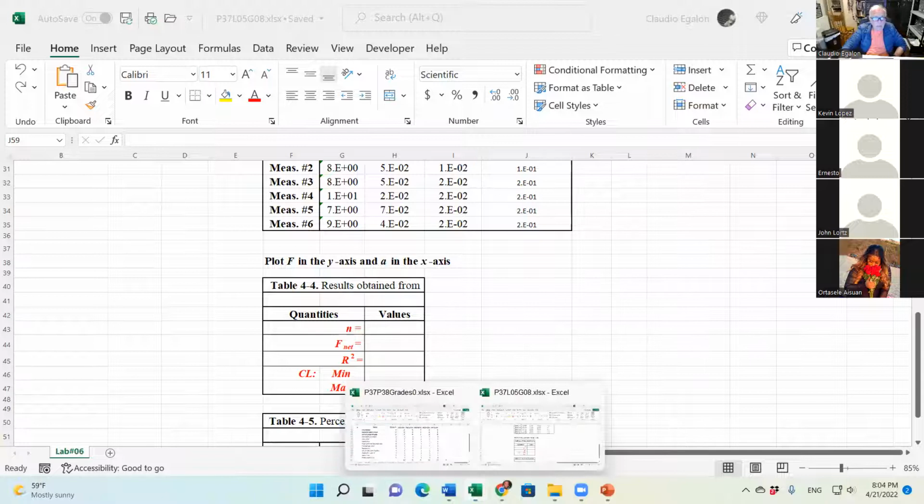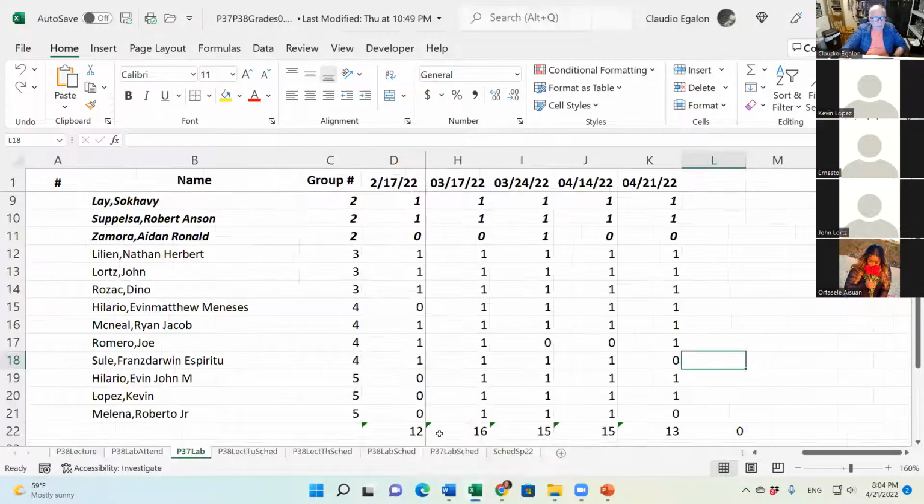Okay. Let me see what happened to Roberto. Professor, Robert Milena isn't going to be in the lab today. He's not feeling well. Okay, Roberto. Okay, thank you. Roberto Milena, right? Now let me see how many students I have. It looks like I'm supposed to have 13. Okay, good. 13. I didn't miss anybody. So did you get the idea?